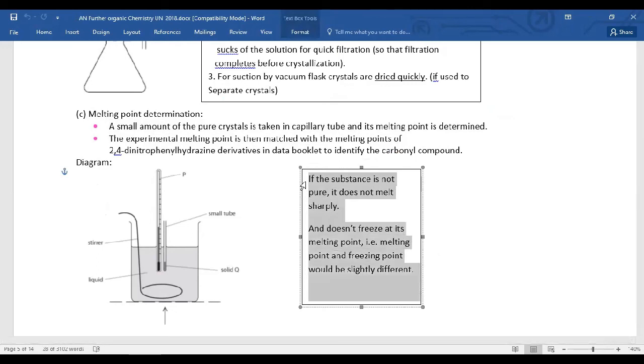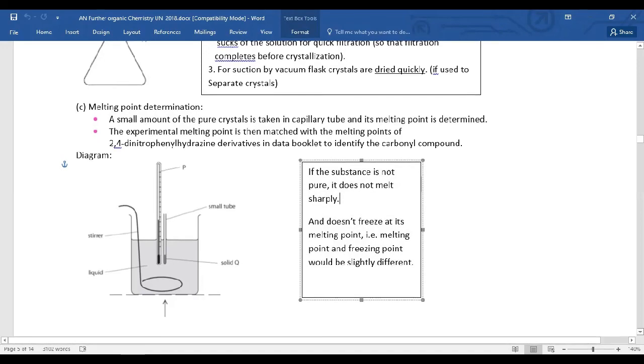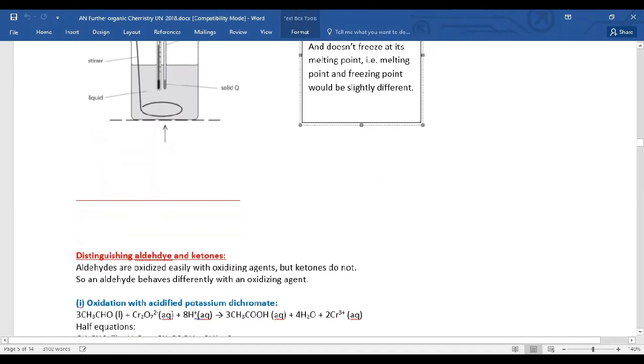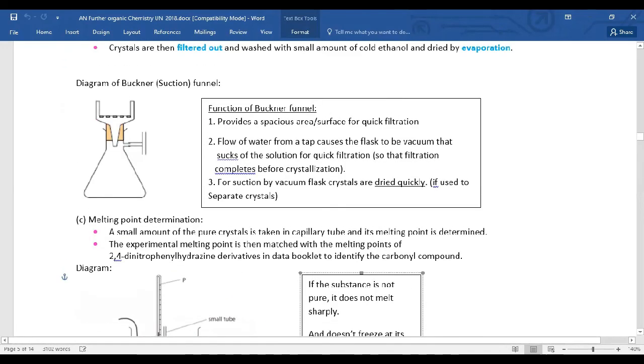Suppose we check that it melted, then remove the heat and let it cool down to freeze, like condensation. We will see it may not freeze at the earlier temperature if it is not pure. Understood? So this is the test. Any other questions? I want to show you something, look.